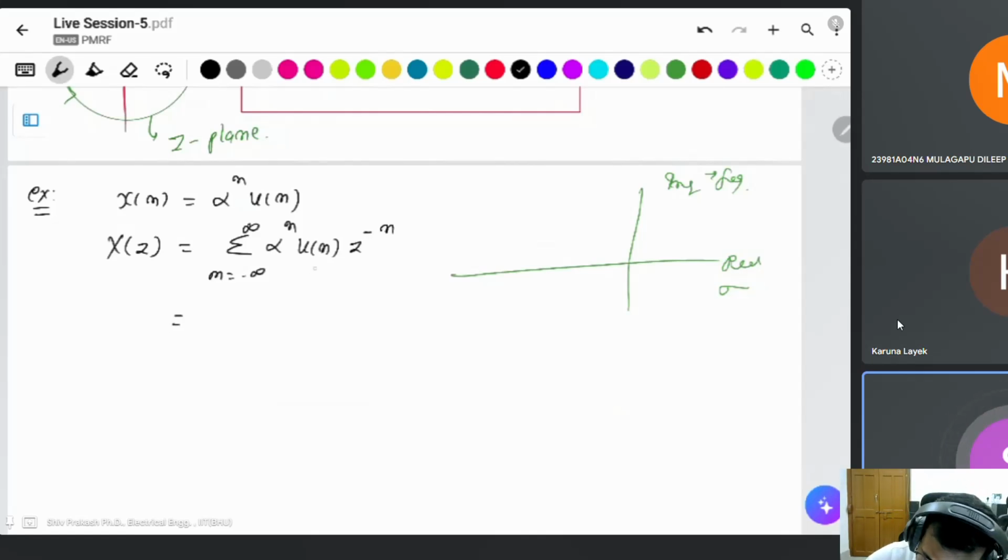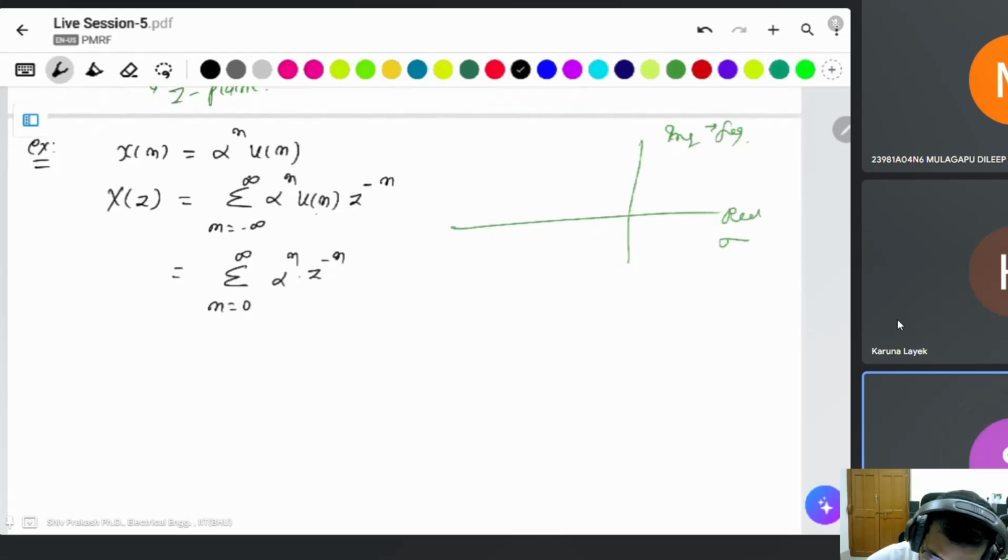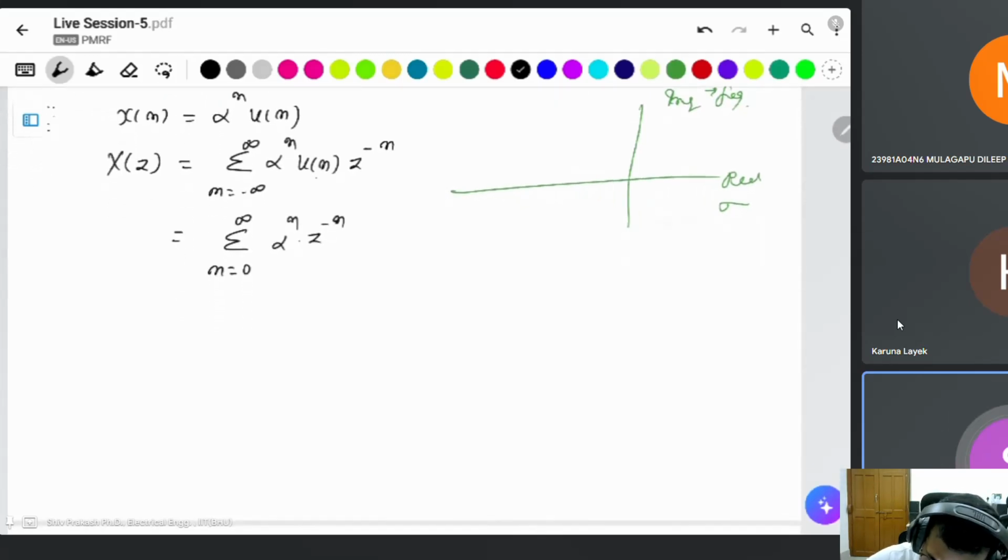There is u[n], so your summation will change from 0 to infinity. This will be alpha power n into z power of minus n. If we want to take n common, then this will be n is equal to 0 to infinity (alpha z power of minus 1) to power of n.